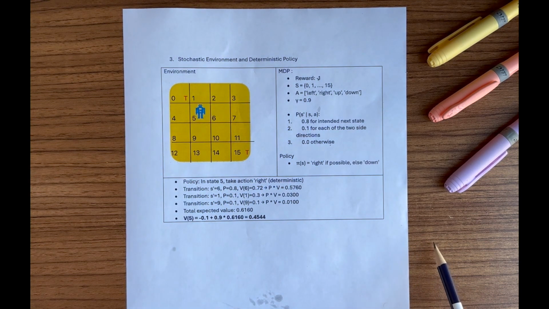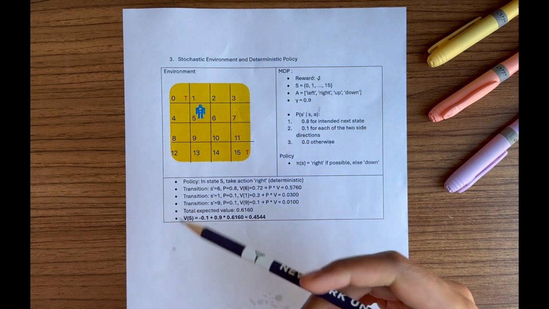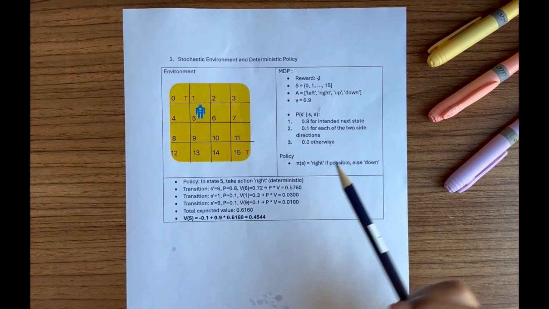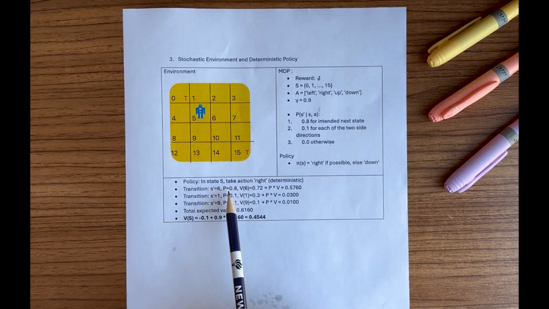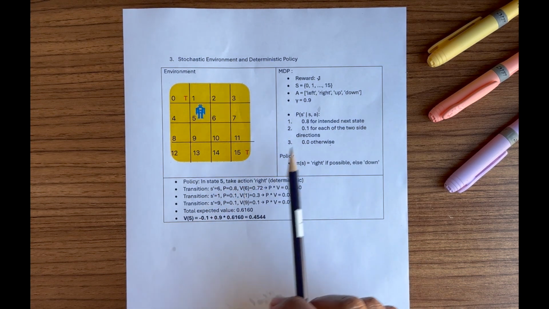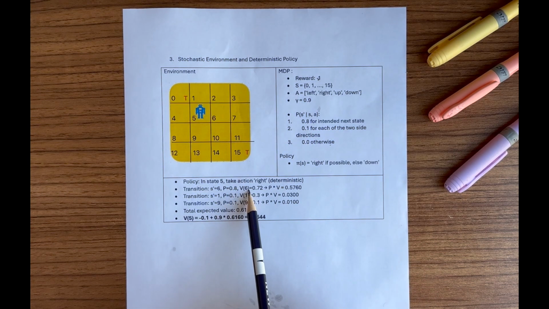Okay, so we use those probabilities and the value estimate of all possible next states to compute the expected value. So from state 5, it wants to go right, and that intention has a probability of 0.8. 0.8 times the value of the state resulting from going right, 0.72.